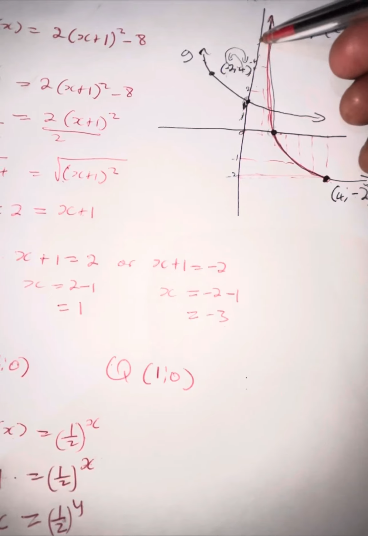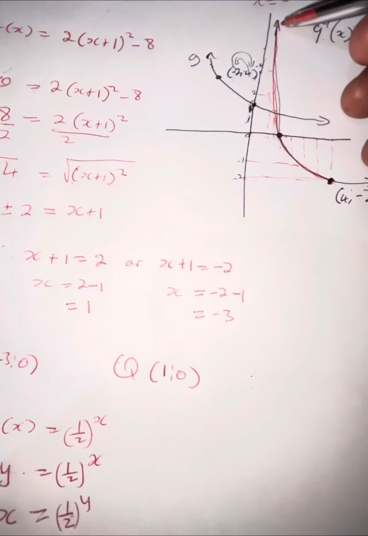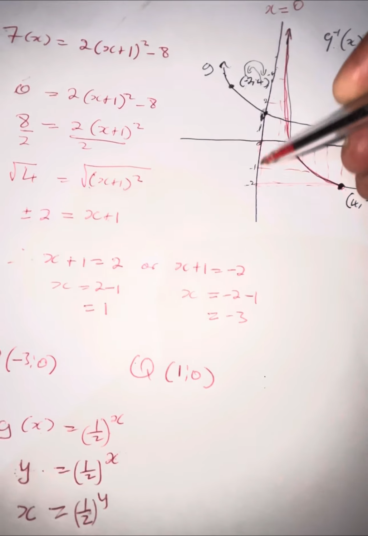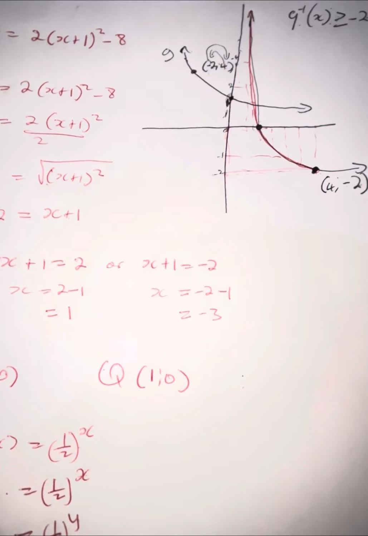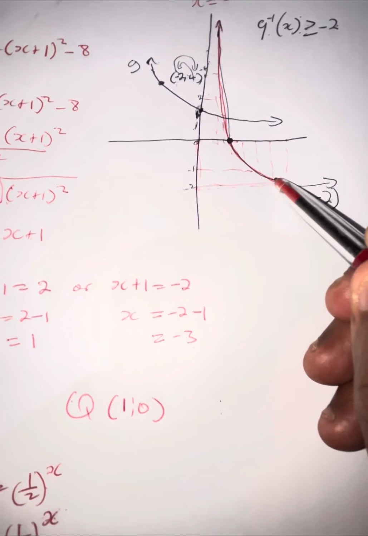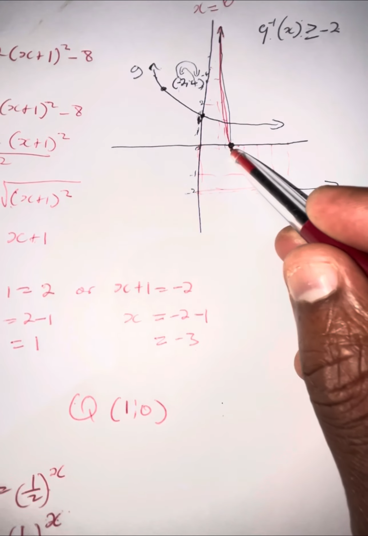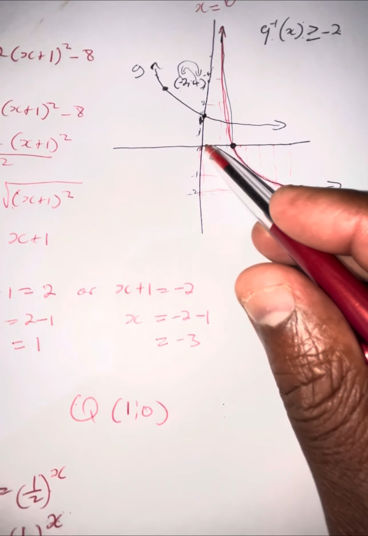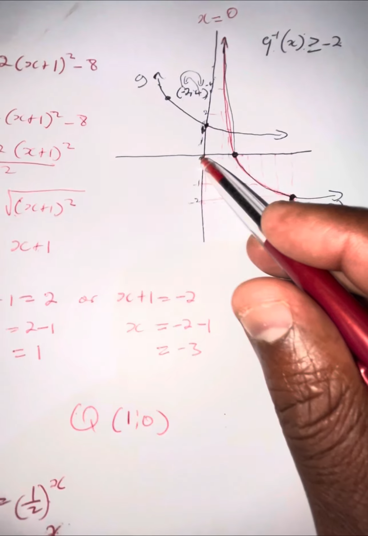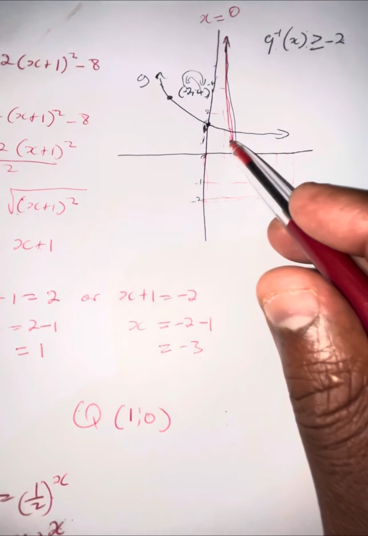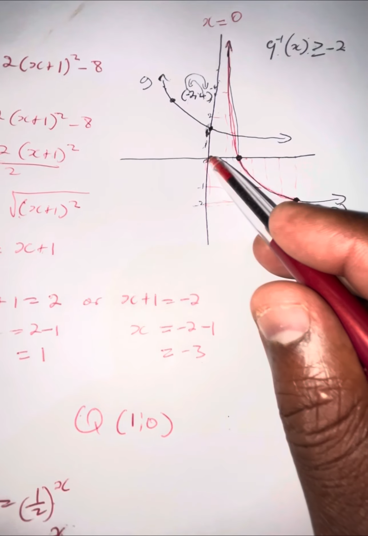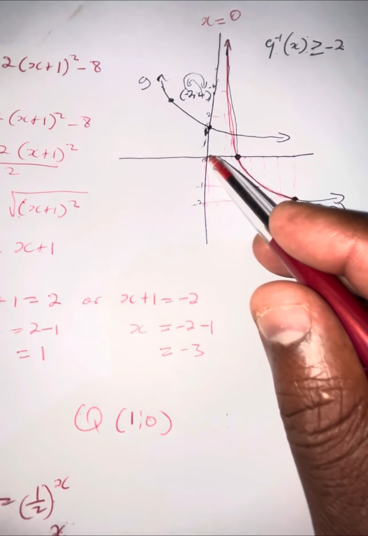So this line is x equals 0. So our graph will never touch this line, okay? So it means now our solution will be from 4 up until 0, not equal to 0, because this graph will never touch the what? Will never touch the line which is x equals 0.